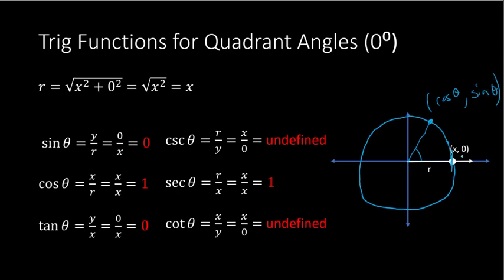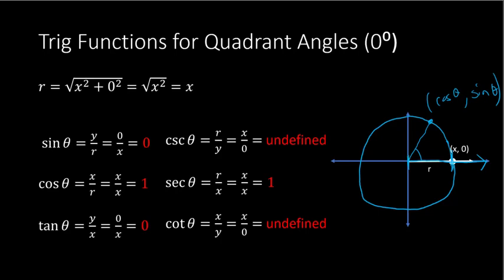So whenever I see this, if I ever have something where it falls right on the axis, like 0 degrees or 90 or whatever, when I see that, I think through the fact that if it's 0 degrees, for example, the cosine, the x value, has a length of 1.